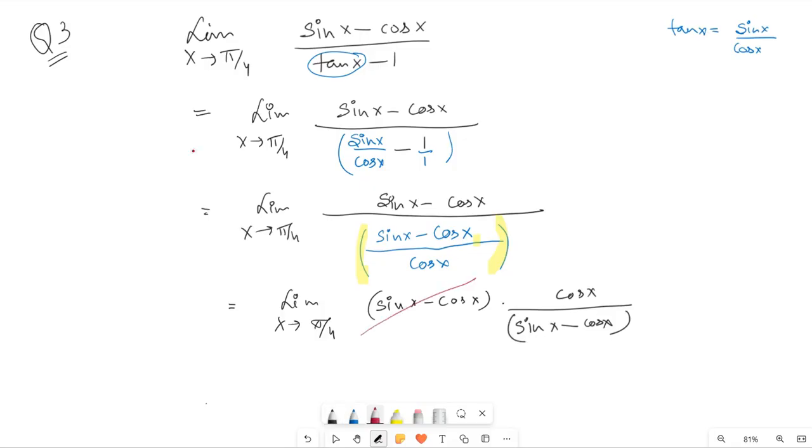And this factor can reduce to 1. So we are left with limit x approaches pi by 4 of cosine x, which is basically cosine pi by 4. Cosine pi by 4 is root 2 by 2.